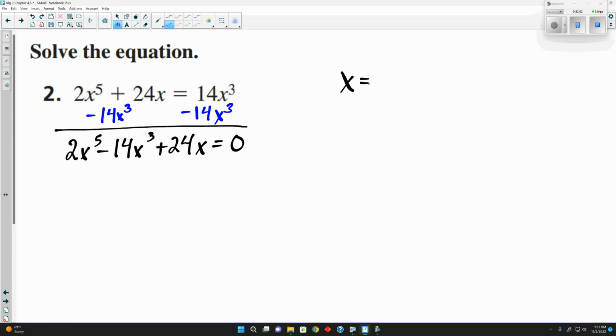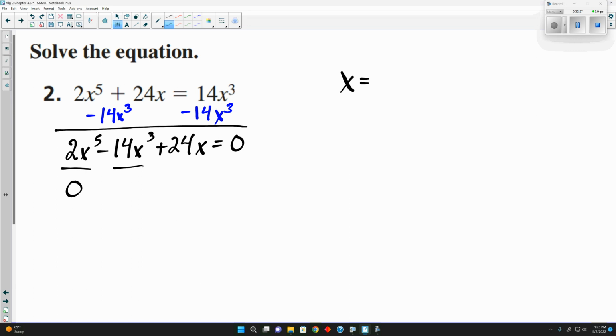Does anybody have a guess at one of our zeros, what it's going to be? Is there a term listed there that does not have a variable? No. So if I plug 0 into 2x to the 5th, it's going to be 0, yes?